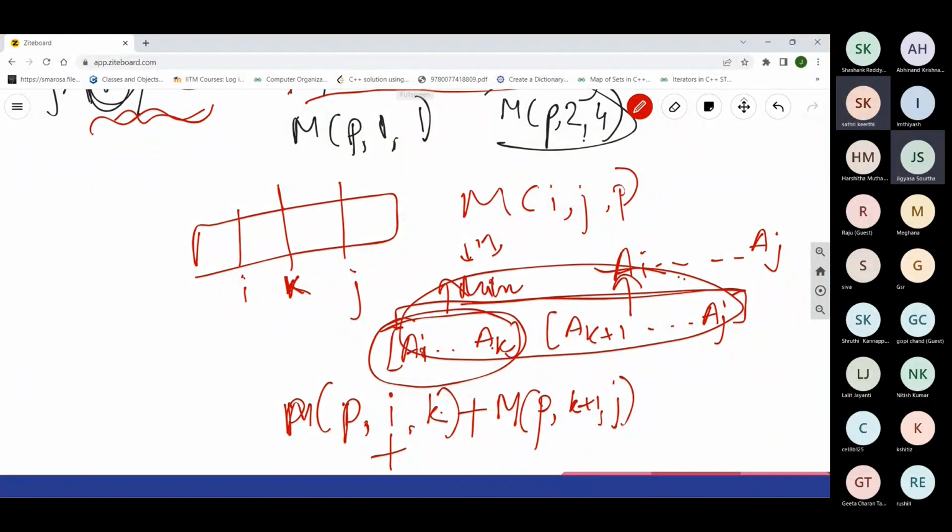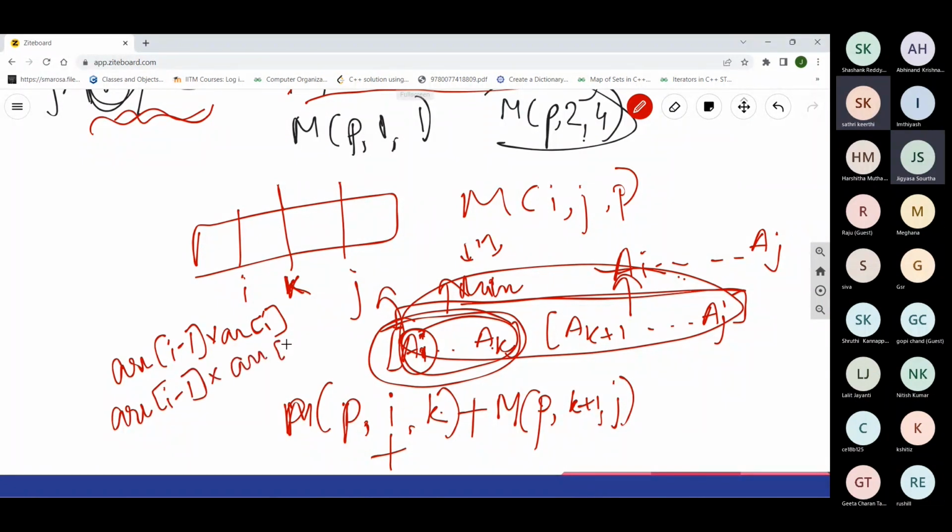So here, as you know, we are passing the ith index, and the dimension of the Ai matrix will be array of i minus 1 and array of i. And we know the multiplication of these two will result in a matrix of dimension array of i minus 1 cross array of k.